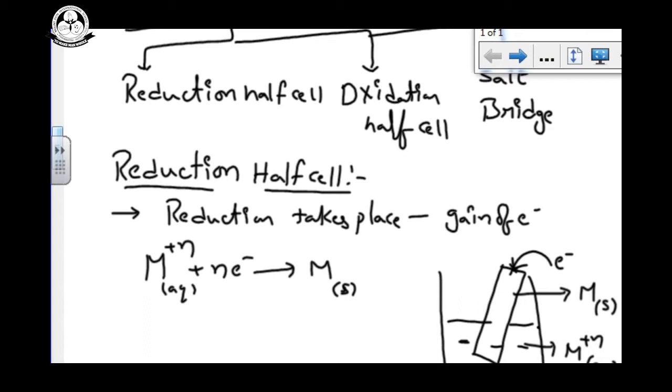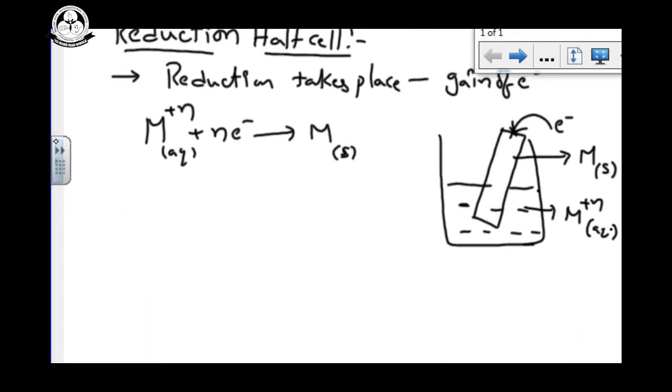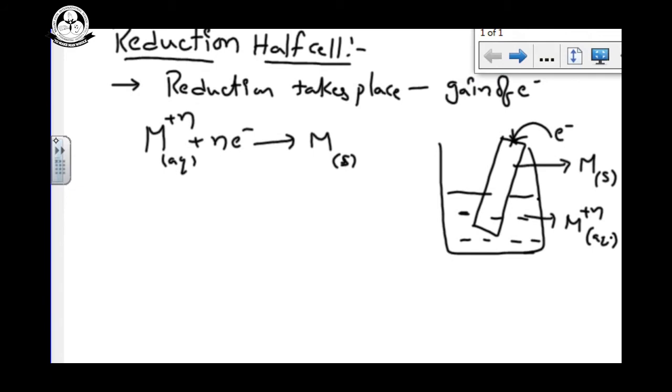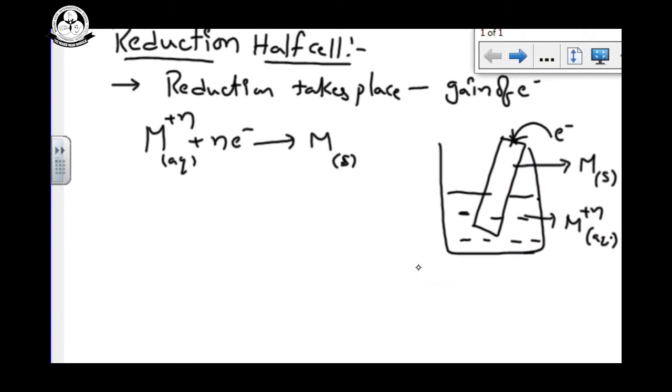Already we know reduction means gain of electrons, or otherwise, metal ion becomes metal. Inside there is a metal ion solution. Metal ions become metal, meaning these metal ions move towards this metal. Reduction is generally at the cathode. Cathode: reduction, metal ion becomes metal.